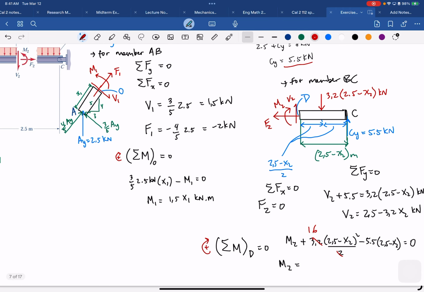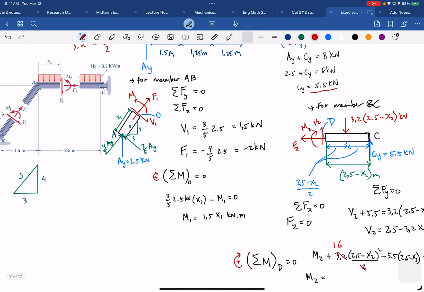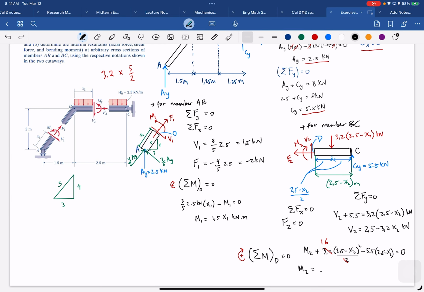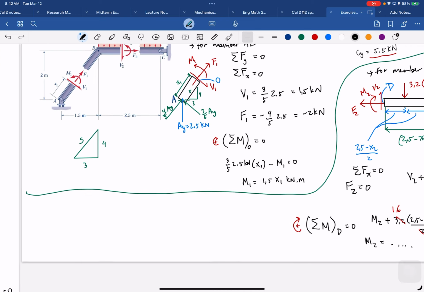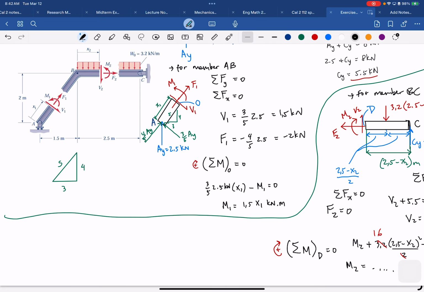So I think I will leave this to you. Just expand the squared and then algebraically solve. We could have also the other way around. So we could check the B.